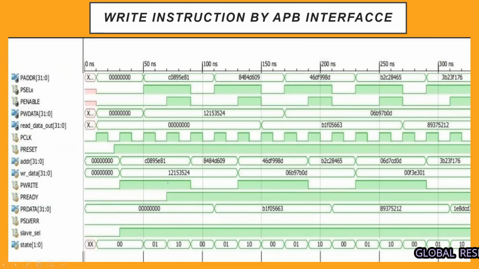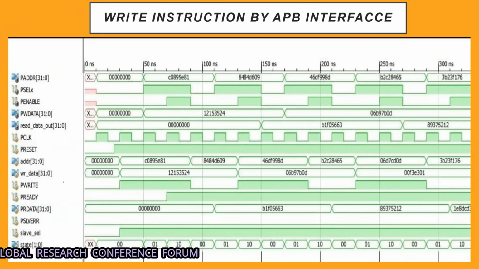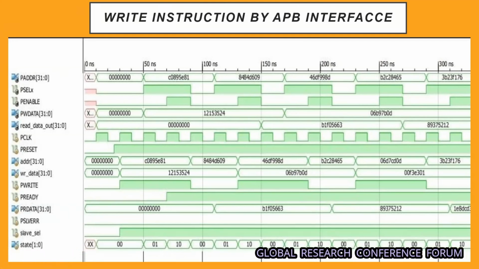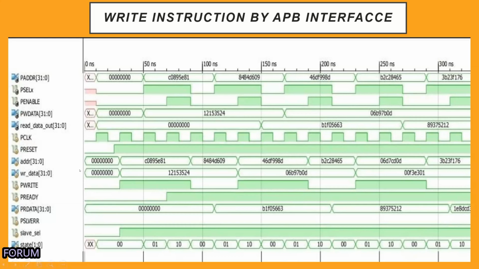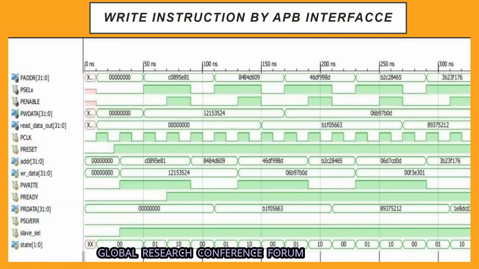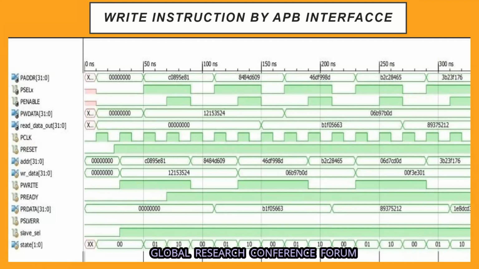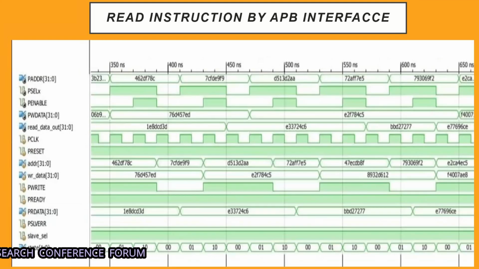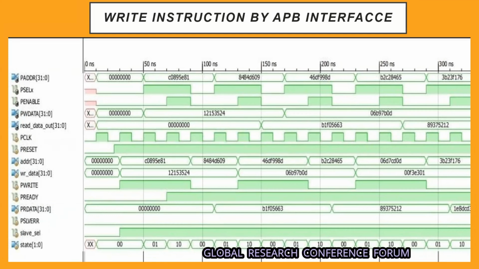We have used external registers like address and write data register, which helps us verify that our design implementation is successful. The values in P address and address are matching, as well as the write data and PW data. This shows that our design is working perfectly, and the same for PR data. PR data is basically reading from the slave.